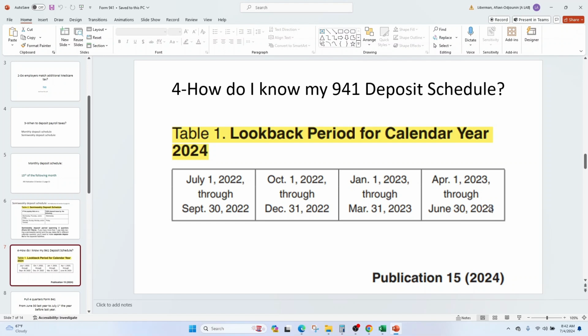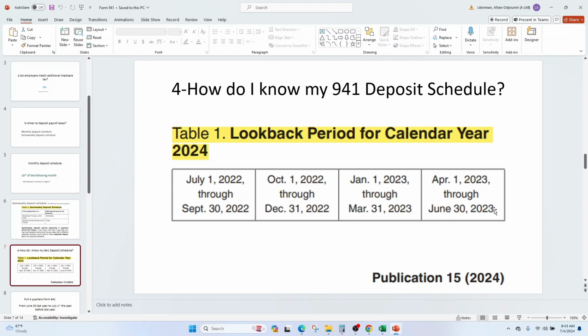The way I like to view it is we are in 2024, so the 2 preceding years: July 1st, 2022 to June 30th, 2023.